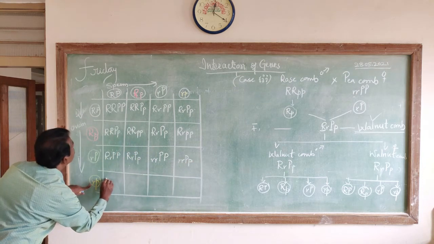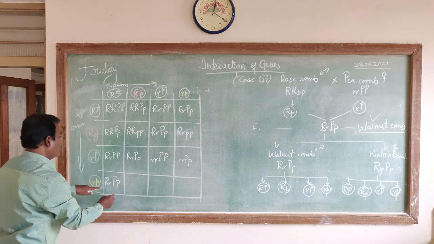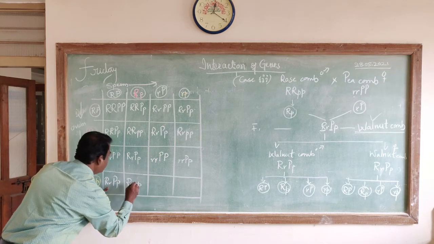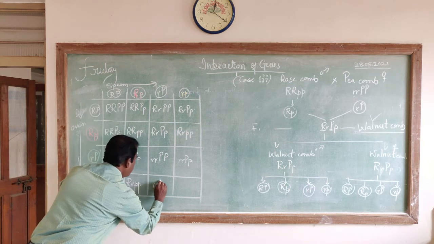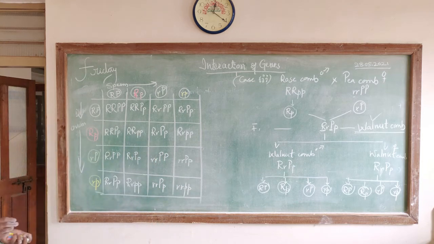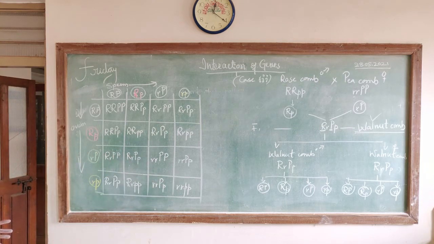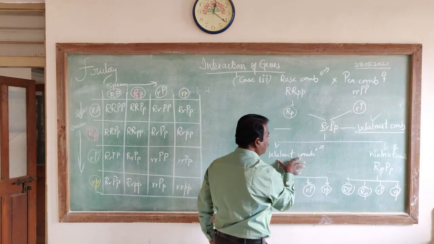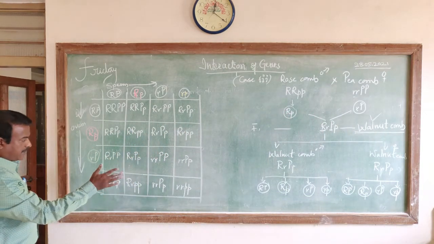And the last row: capital R, capital P, small p; then capital R, small p; and small r, capital P, small p; and last one, small r, small p. These are the total 16 genotypes we get by representing the cross between the walnut-comb male fowl and walnut-comb female fowl, cock and hen, with this combination.